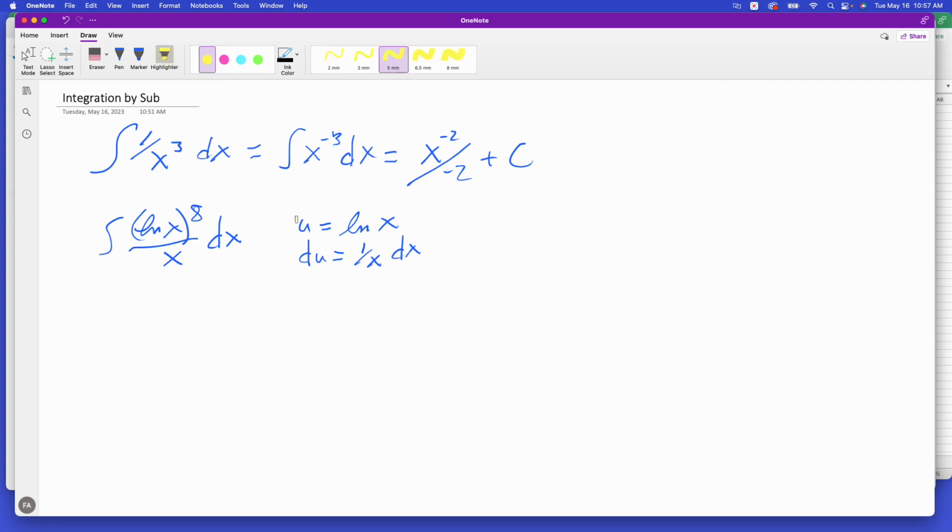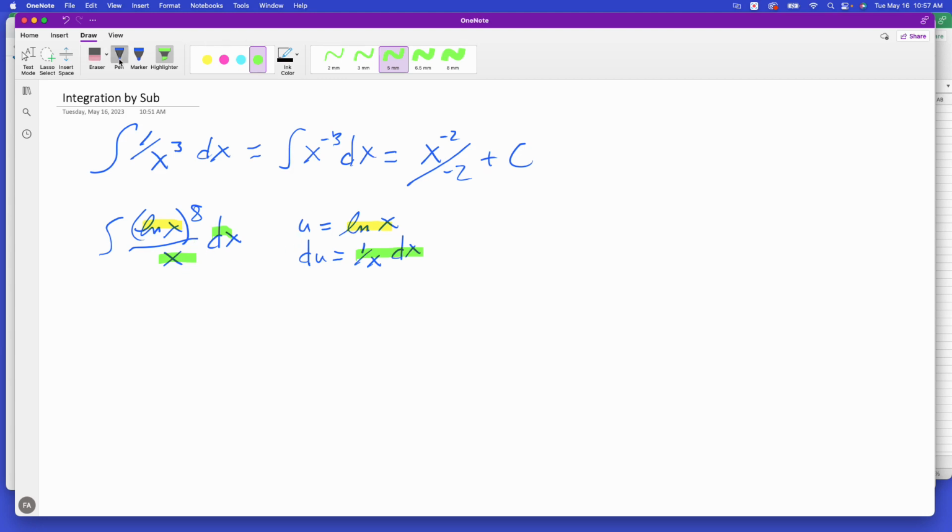I'm going to grab my highlighter here. So this right here, ln of x, is right there. Okay, let me change to a different color here to kind of color code these things. And here is 1 over x, and you're like, well, I don't have 1 over x over here. Well, I have the dx, which is right there, and then I have 1 over x. And you kind of have to look at that a little differently.